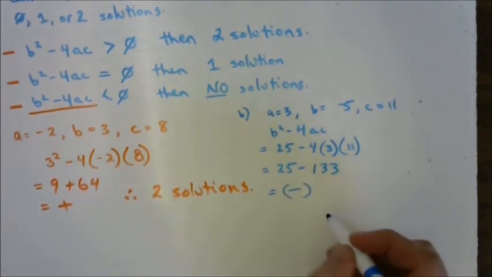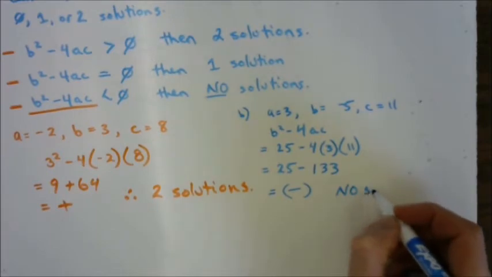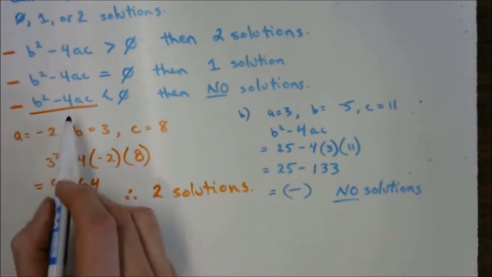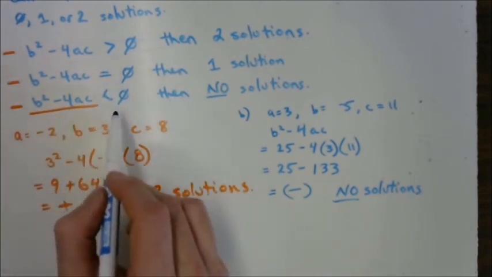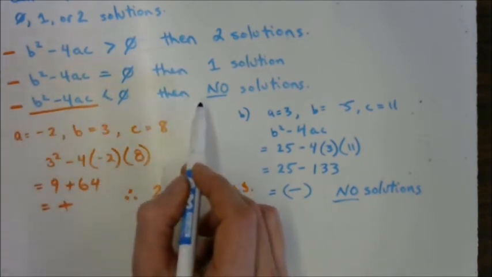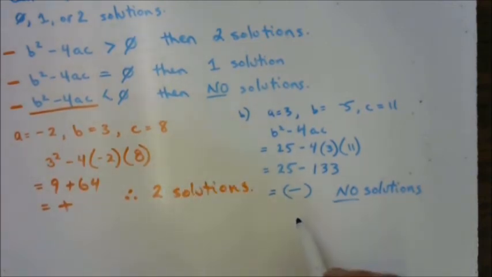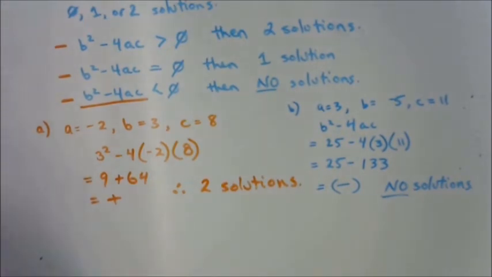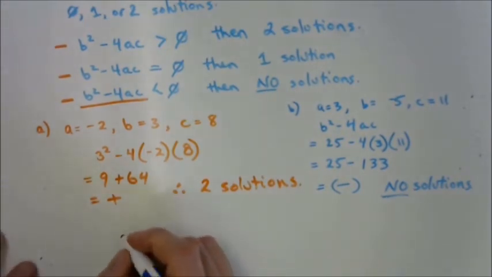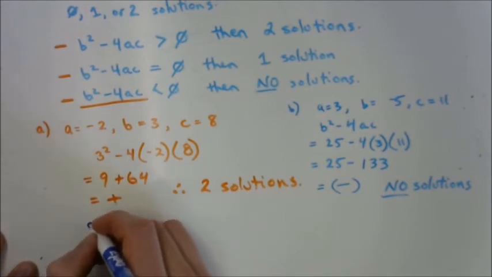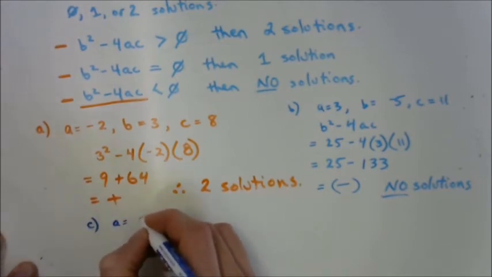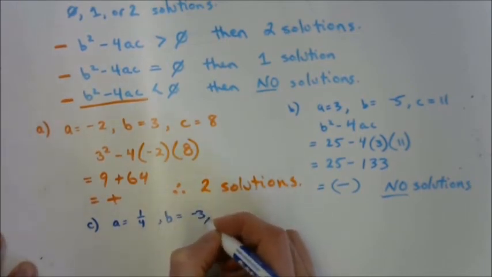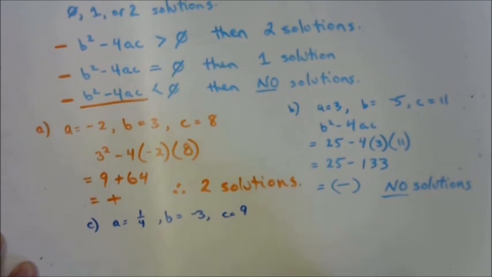How many solutions? Okay? So look up here if you're not sure. It's less than 0, no solutions, because you can't take the square root of a negative number. Last one is equal to 0. Correct, way to go. So C, we've got A equals 1/4, B equals negative 3, C equals 9.